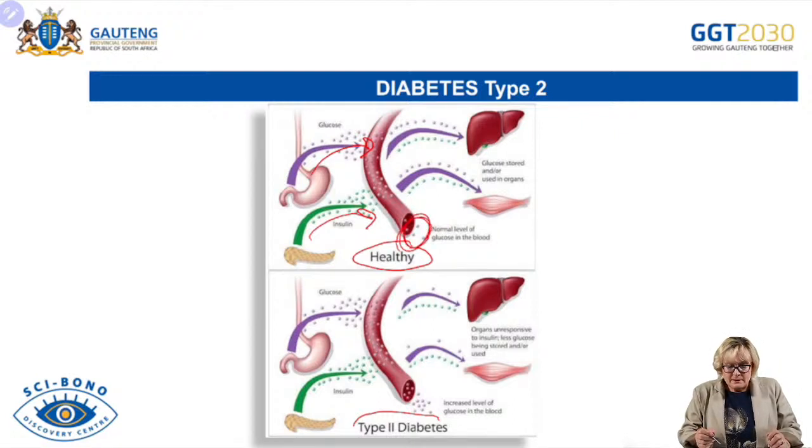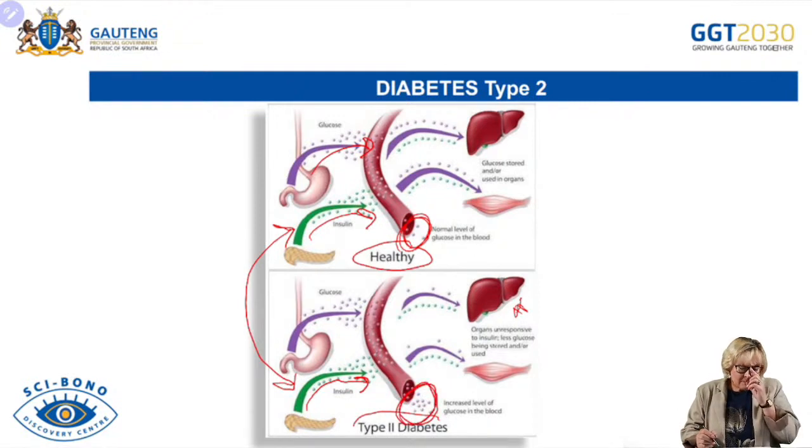But in a person with type 2 diabetes, insulin is secreted, and can you see this insulin and the insulin there is exactly the same? So there's nothing wrong here. Insulin is being secreted, but the problem comes in what that insulin is doing. The organs are now unresponsive. They don't want to respond to this insulin. So less glucose is being used or stored. And what is happening? We have an increase of the glucose levels in the bloodstream.